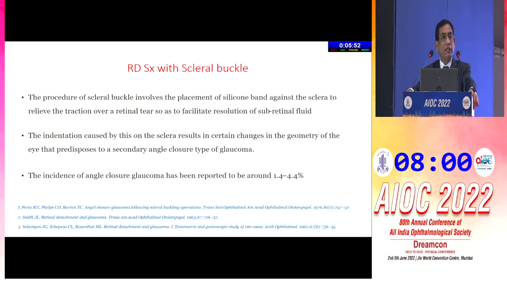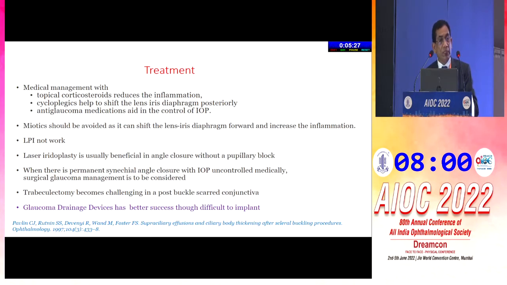So let us see retina surgery with scleral buckle. The retina surgeon gives this buckle against the sclera to relieve the traction of the retinal tear and also to facilitate the resolution of the subretinal fluid. But what happens? They also mechanically close the angle, the anterior chamber. That's why there is higher intraocular pressure. So in this case, we cannot do laser iridotomy. That will not help.